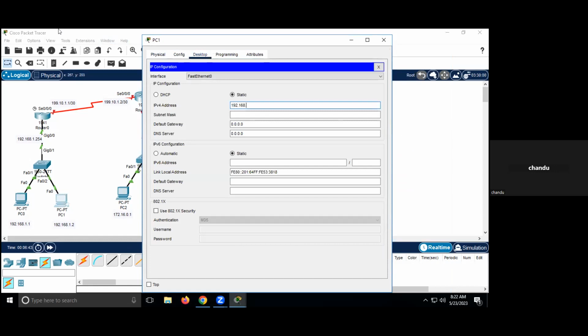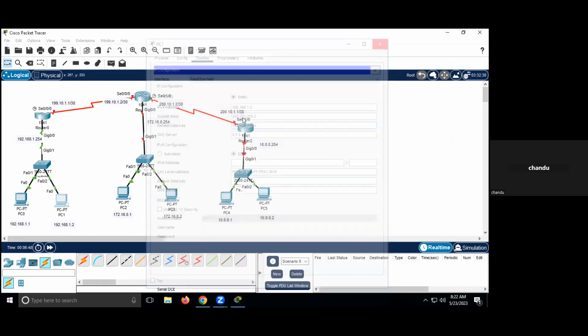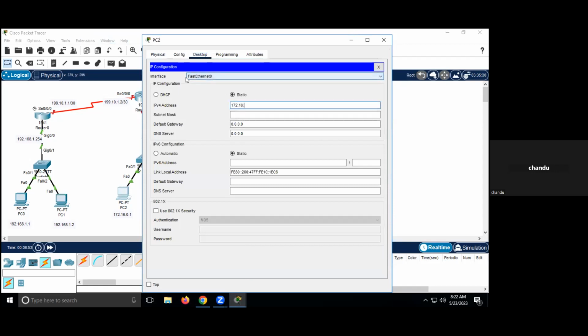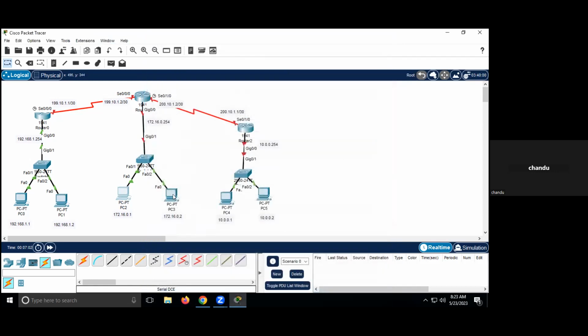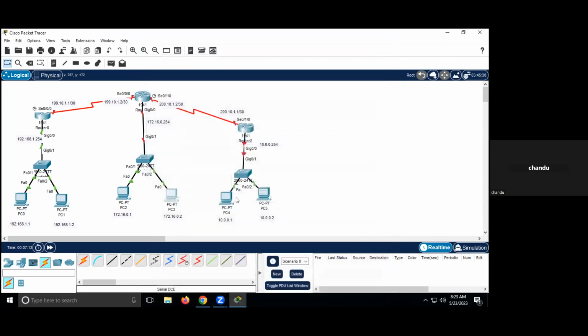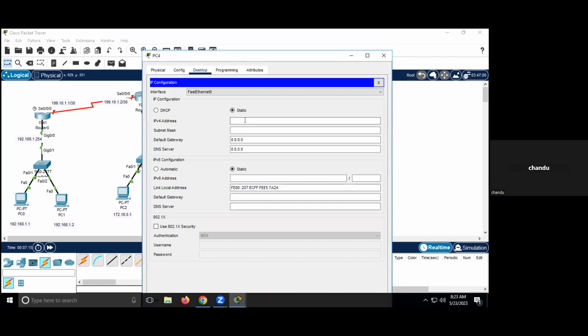This should be 192.168.1.2, 192.168.1.2.